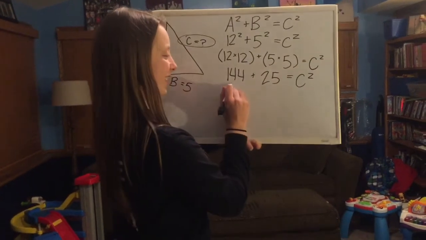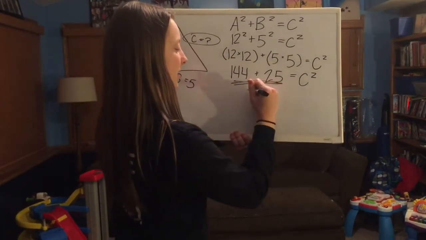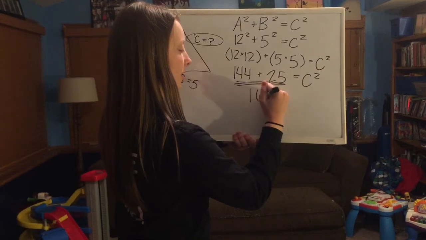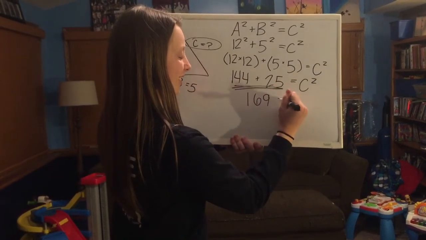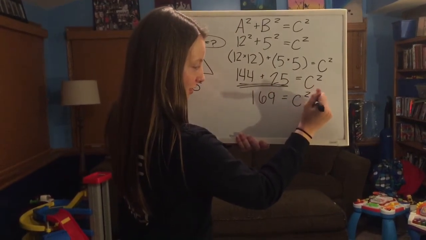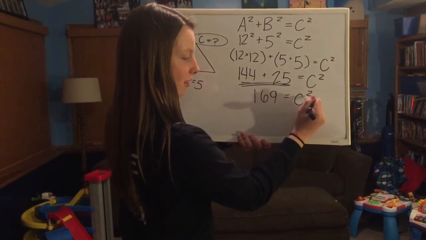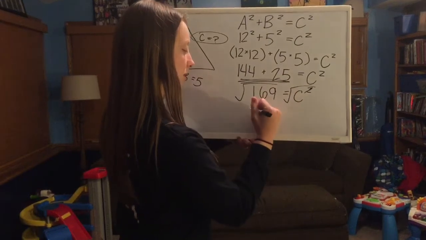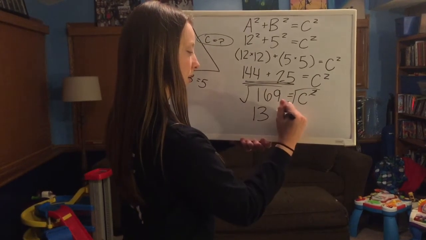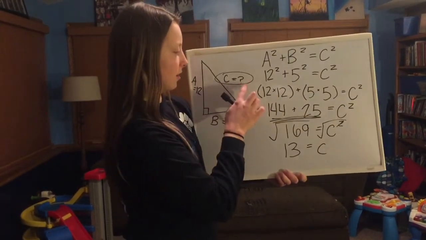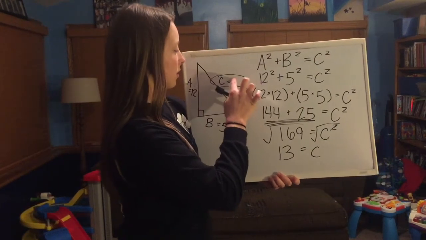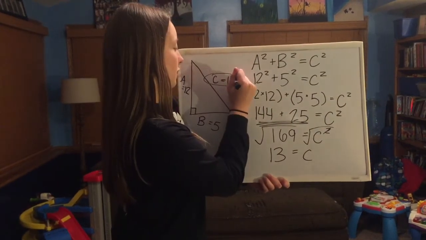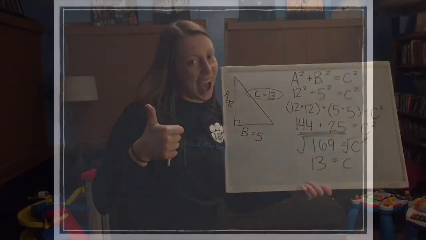Next, we're going to add these two together, which is going to be 169. Write that down, c squared. So right here, we have to cancel that square by taking the square root of both sides. And that is going to be equal to 13. So we're going to change our answer here. Do it with me. Alright, nice.